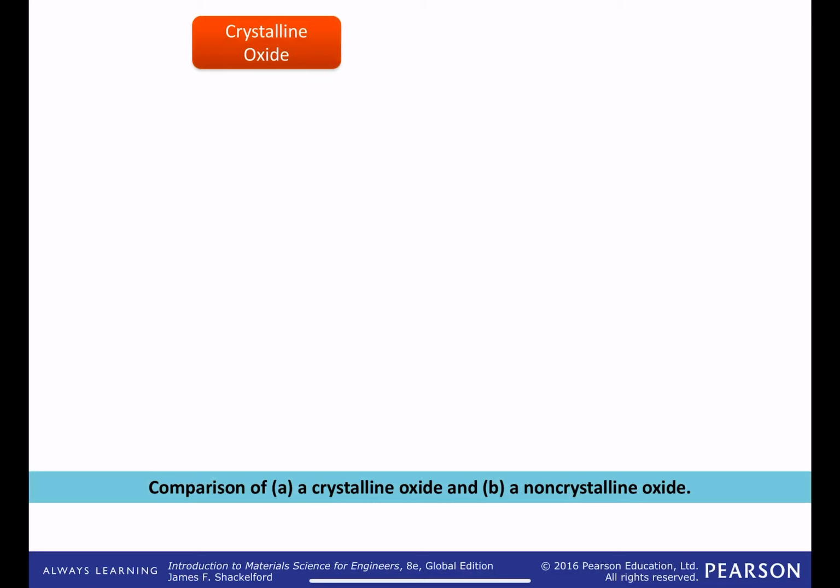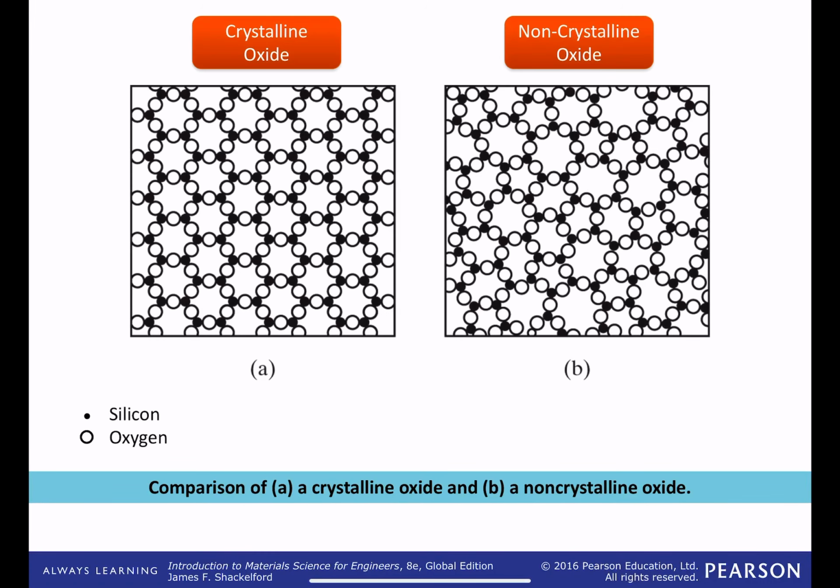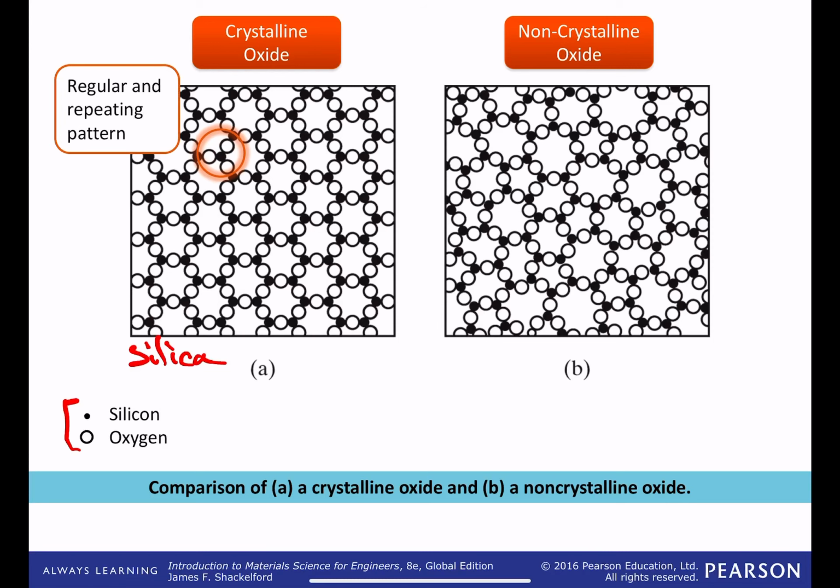Okay, the last topic of Chapter 4 was considering the difference between crystalline and non-crystalline material. So this is brought up to you in the form of the crystal of silicon and oxygen, or silica. Silica can exist in a really regular format where we have well-defined repeating units.